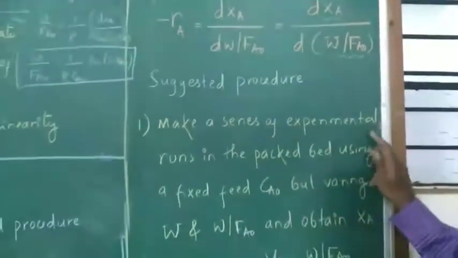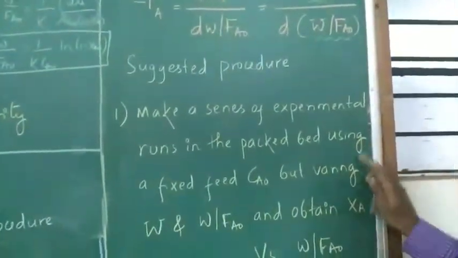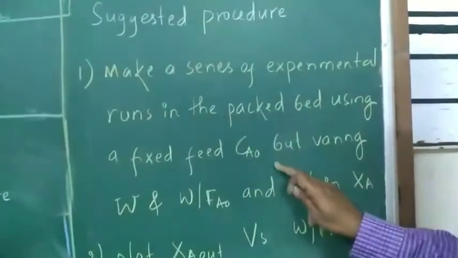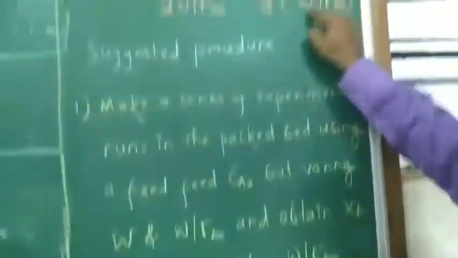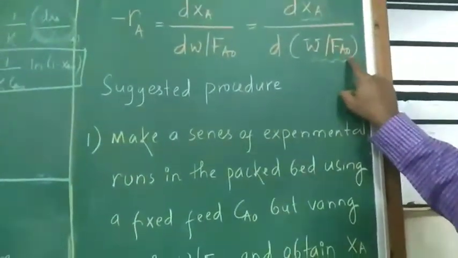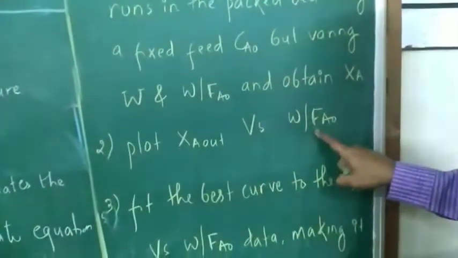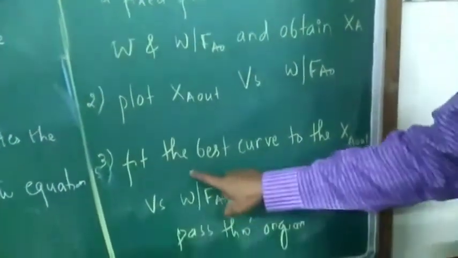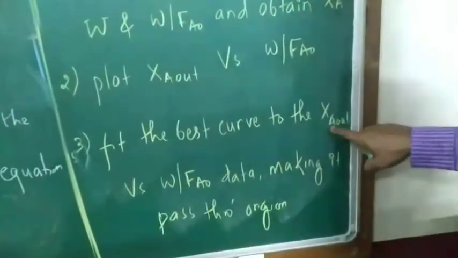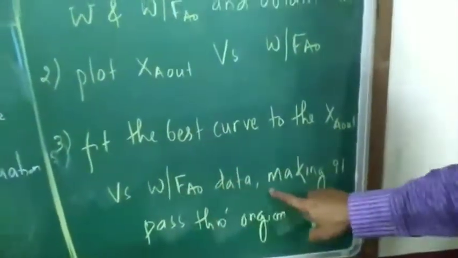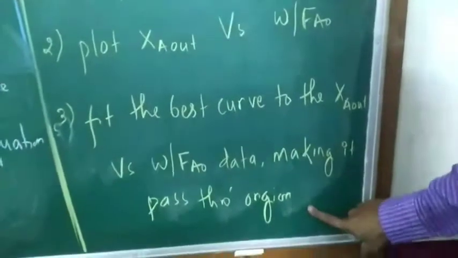Make a series of experimental runs in a packed bed using a fixed feed of CA0 but varying the quantity of W or W by FA0 and obtain XA. Plot XA out versus W by FA0 and fit the best curve to the XA out versus W by FA0 data. Make it pass through the origin. So this is the procedure.